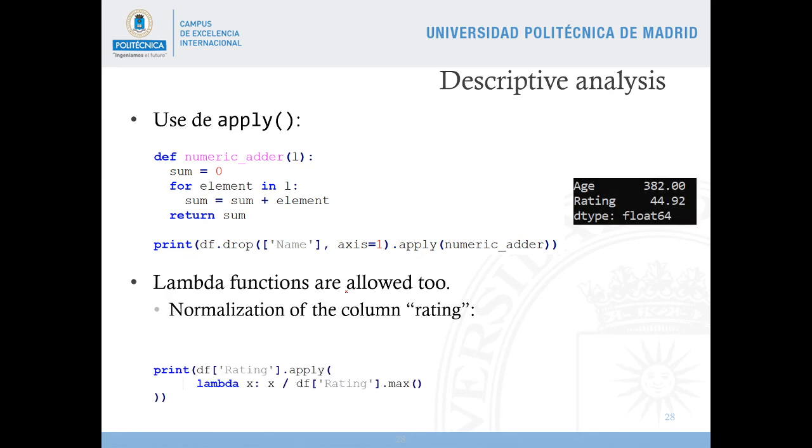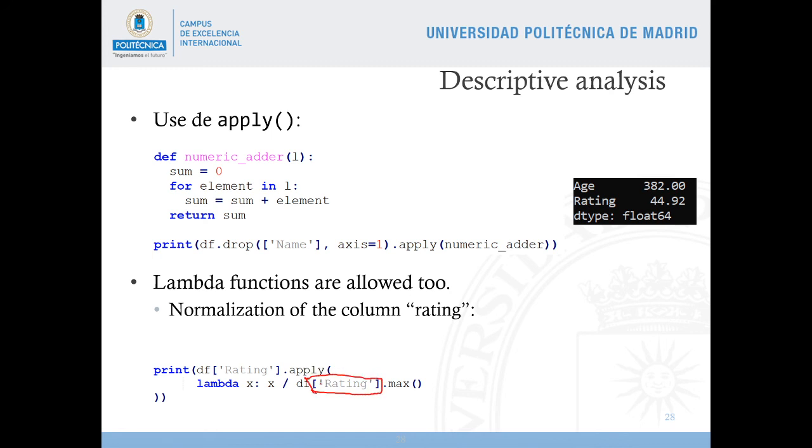And we can also use lambda functions. For instance, here inside apply, I defined a lambda function saying that for each x, I divide x by the maximum of the rating column of the data frame. Well, instead of all the columns, we can also specify a single column like this.